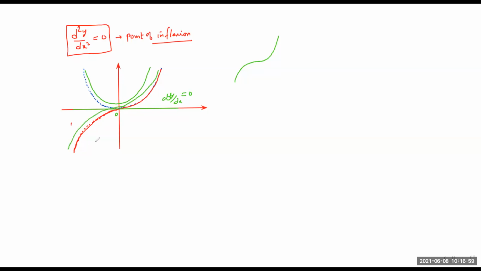The point at which concavity turns into convexity or vice versa is called the point of inflection in mathematics. And every point of inflection will have a well-defined slope, but you cannot see it. The slope is there.